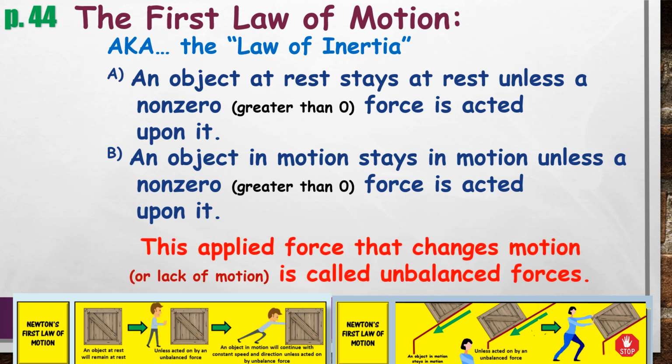So when we're talking about the first law of motion, we have this applied force, either to change the motion into moving or stopping, or maybe even slowing down, maybe even changing a direction. But what we end up having is an unbalanced force because it's going to cause a change in the original object and the motion or lack of motion that it is currently showing.